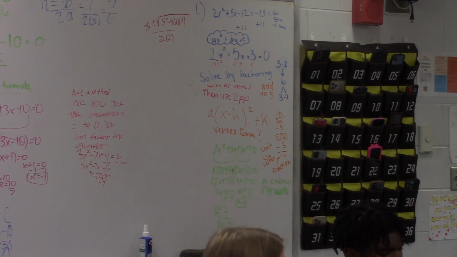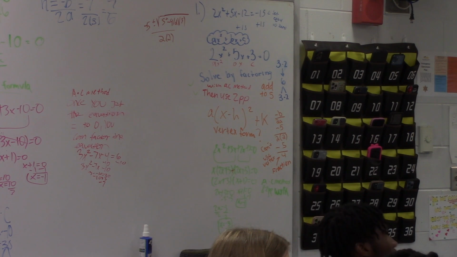Right, inverse of the property of equality. So is that more efficient than the AC method? No, yeah. And how about the quadratic formula? Why didn't you choose the quadratic formula? Yeah, so the AC method is the quickest and most efficient way to solve it. You'll get the exact same answer each time, but we're trying to do what's most efficient.